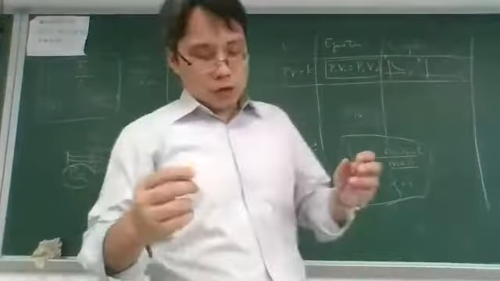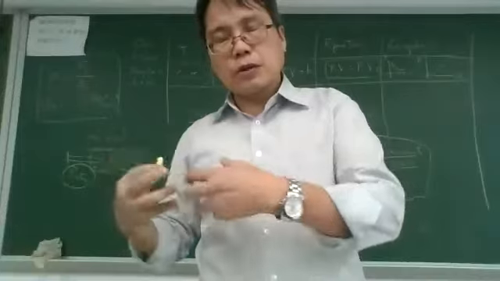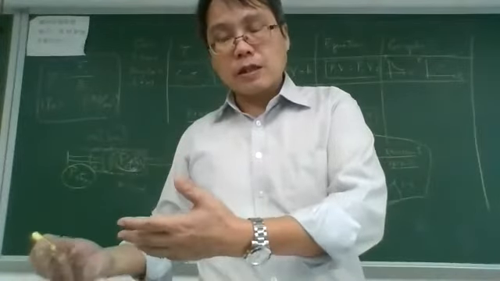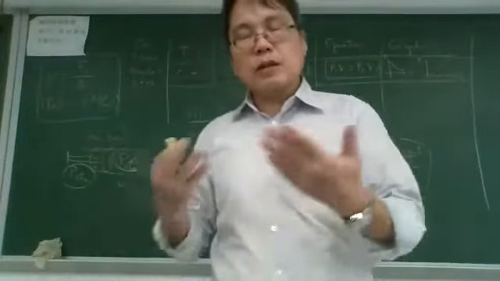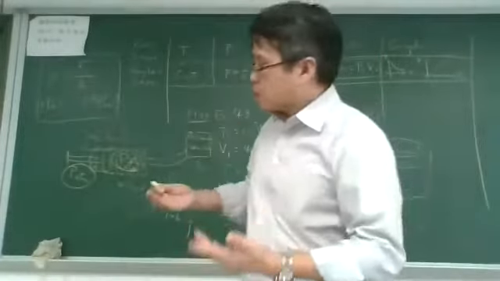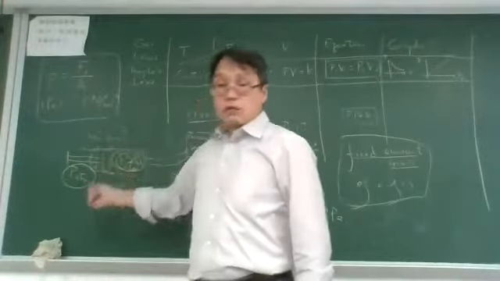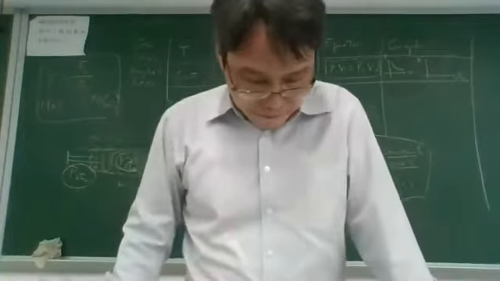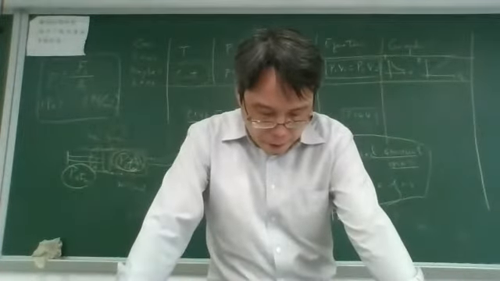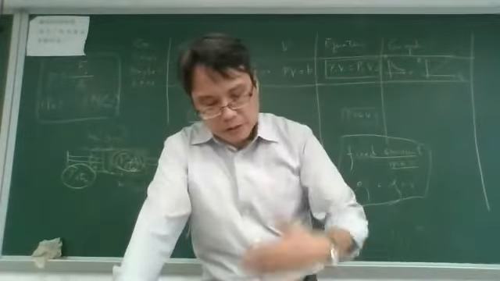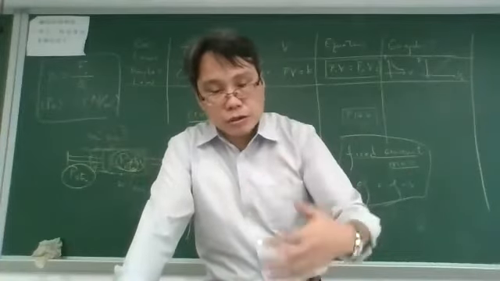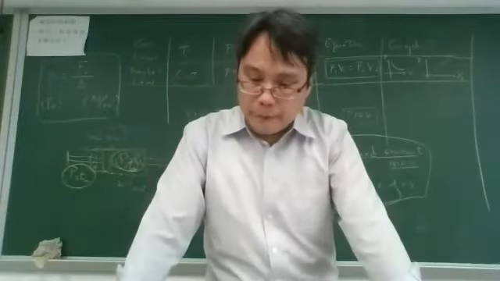Because if the pressure inside the syringe is larger than atmospheric pressure, it will expand automatically to reach equilibrium, where the pressure at both sides of the piston is equal. That's why the piston tends to go back to the original position.